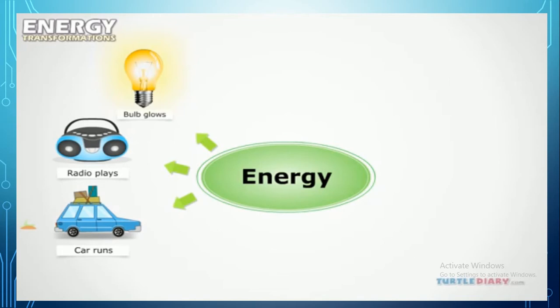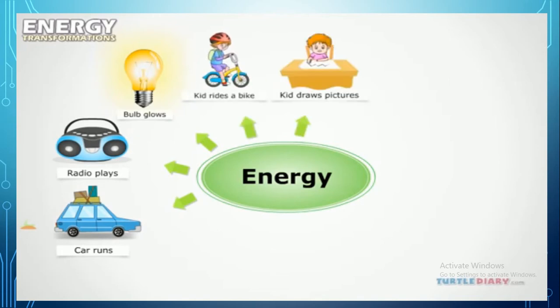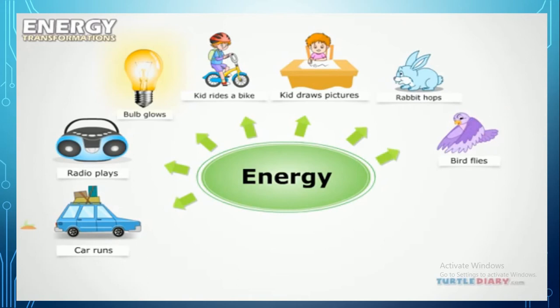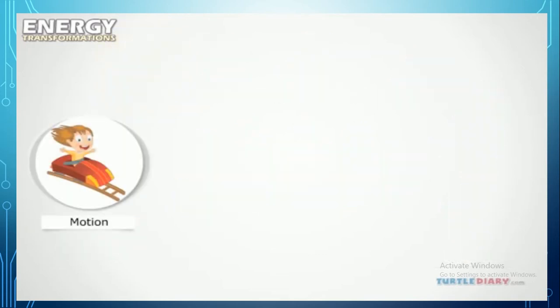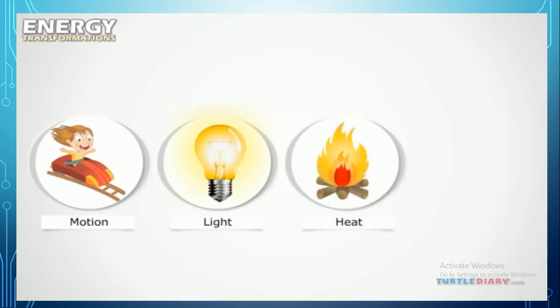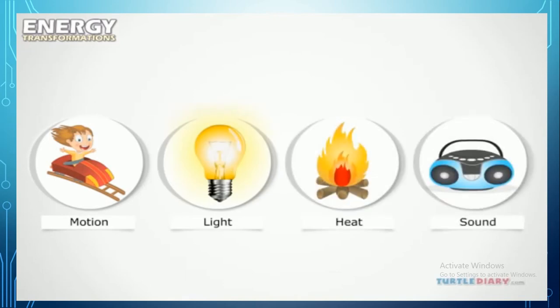It allows a kid to ride a bike and draw pictures. It makes a rabbit hop and a bird to fly. It makes a plant to grow. Wherever you see motion or light, feel heat, or hear a sound, energy is being used.